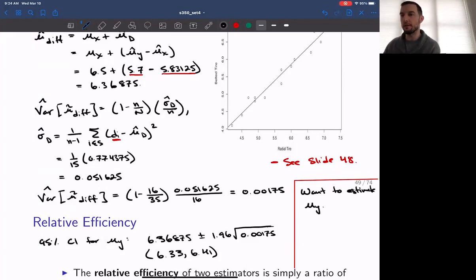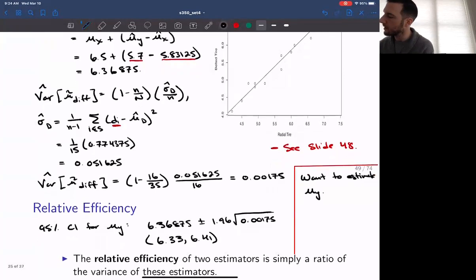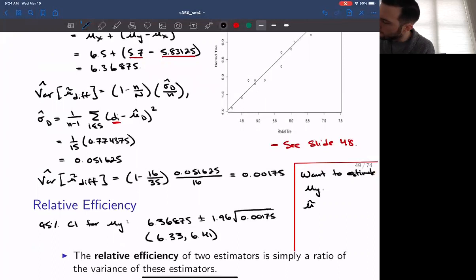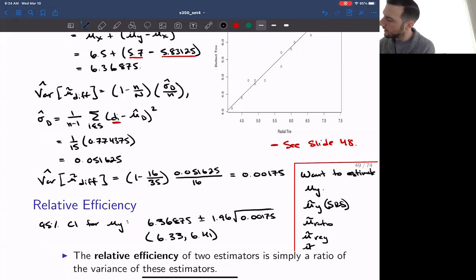Across all of the different approaches that we've talked about, we want to get an estimate for mu y. One way to do this is mu tilde y, which is the SRS estimate, the direct estimate. Another way would be mu tilde ratio, but these are both estimating the same quantity. Then we have mu tilde regression, and now we have mu tilde diff.